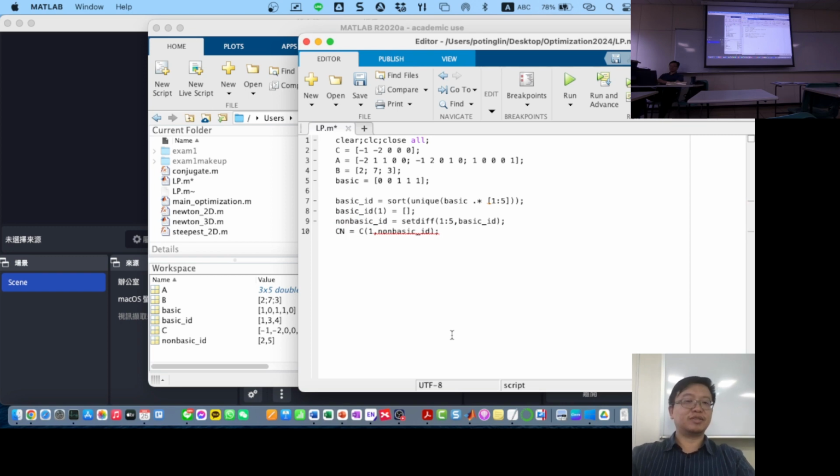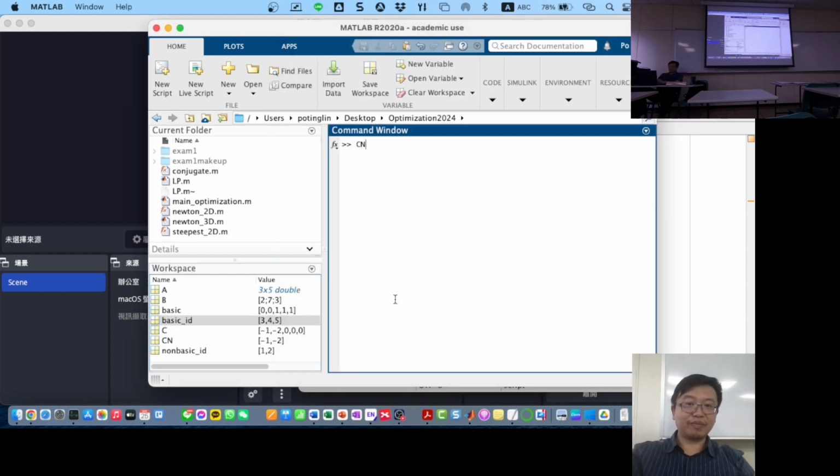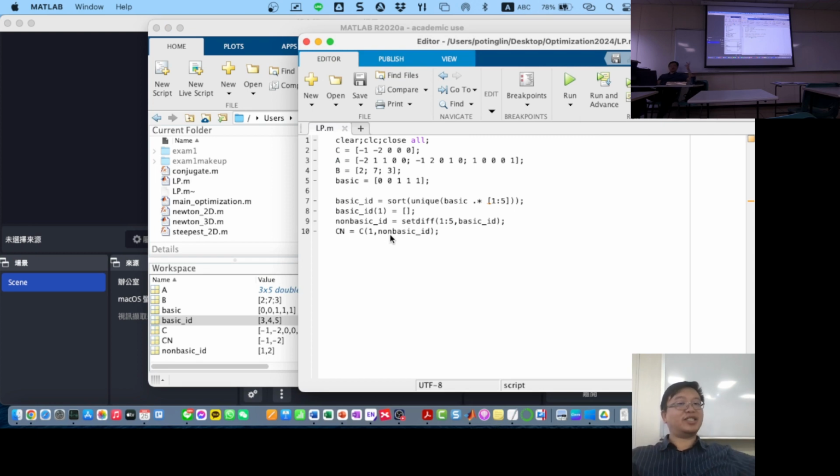So now you realize why I get the index for the basic and non-basic, because I can do this so effectively later on. So now you can see Cn can be obtained so effectively, if I get the ID first. So my Cb would be the same code, but with basic ID.